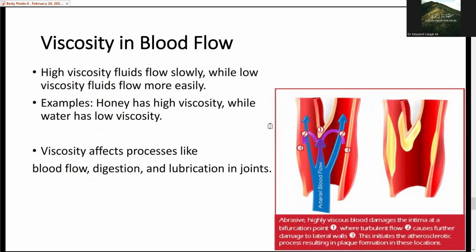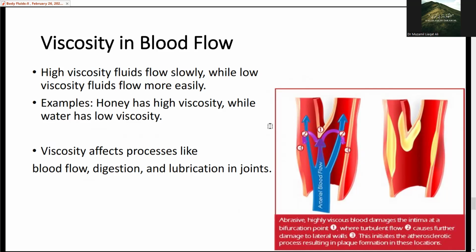Blood flow is inversely related to viscosity, right? So what are its determinants? Vessel length and blood viscosity are the main determinants of your blood flow. Let's talk about the clinical things at this point.